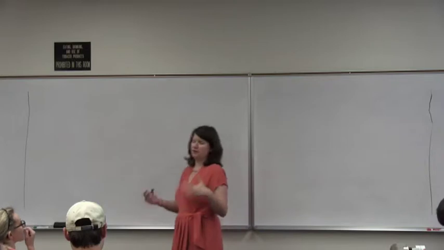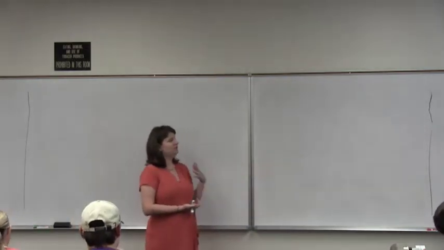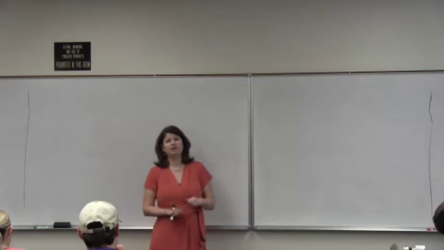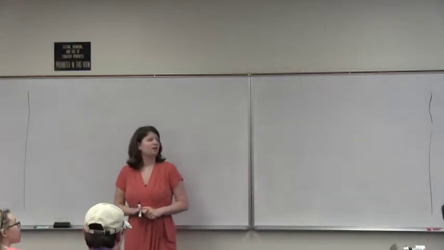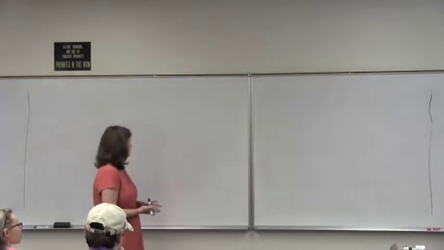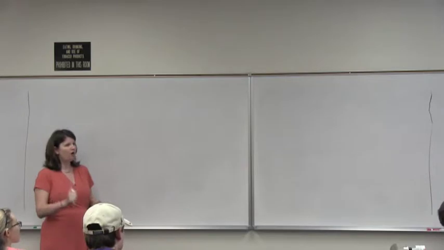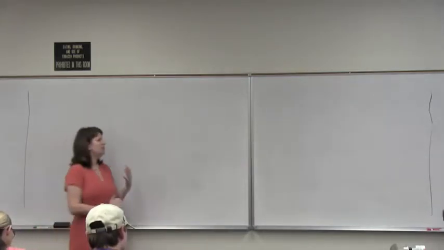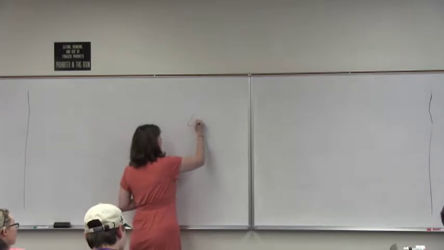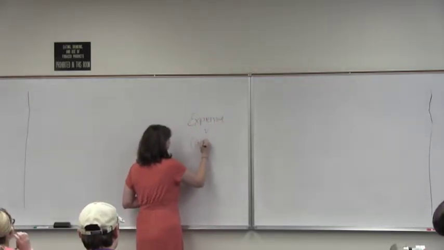So cost recovery, which is what this chapter is about, can either be in the form of depreciation, amortization, or depletion. All this means is you get to recover your cost as a deduction over time. If you will remember last time, we talked about the difference between expense versus capitalized.